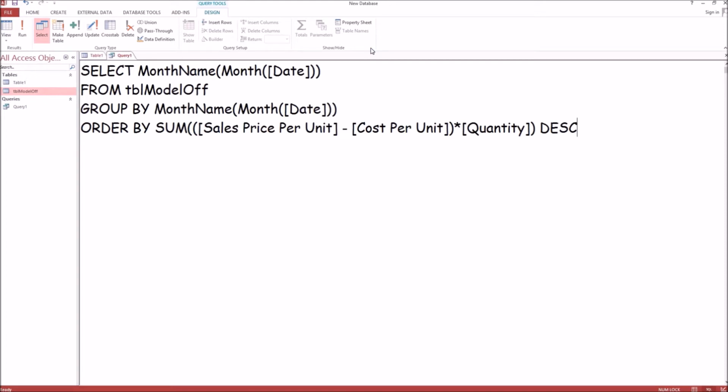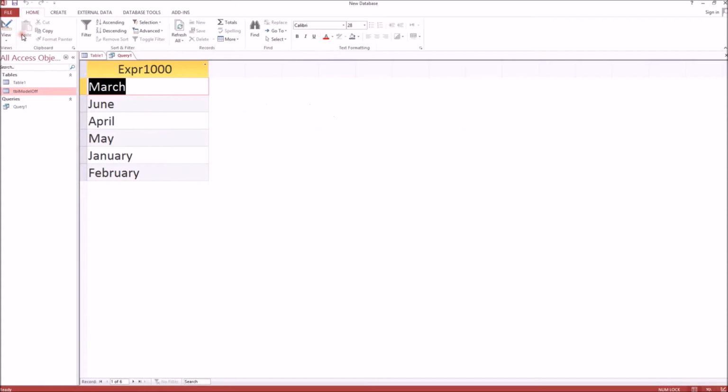So we'll rank our months in descending order in terms of profits. So March was our record month and February was the slowest month of the bunch. The answer is A.